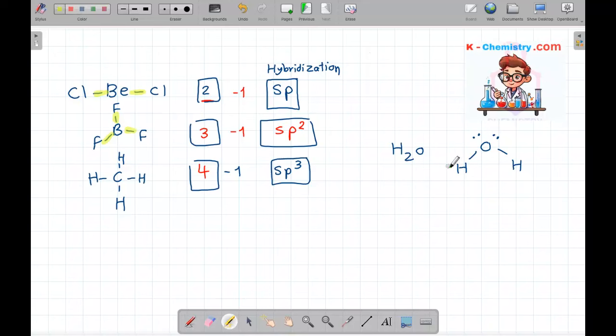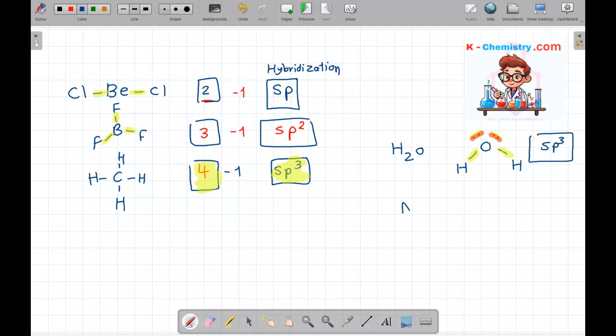I have here two bond pairs, two lone pairs. This means that you have a total of four pairs. This is 1, 2, 3, 4. Two lone pairs and two bond pairs. And we explained that if you have four things, four pairs, then you have an sp3. So H2O is also sp3.